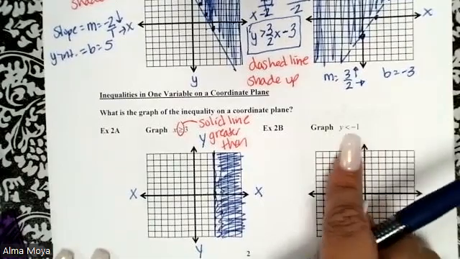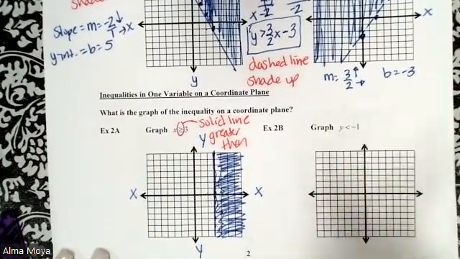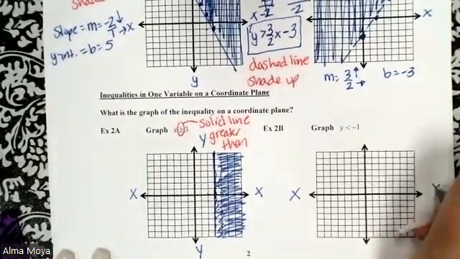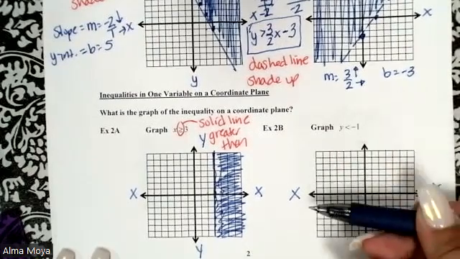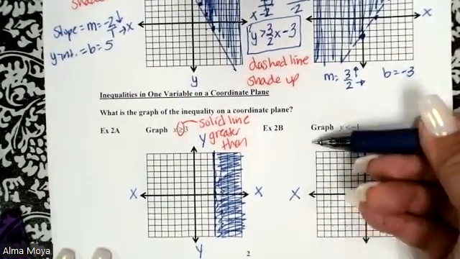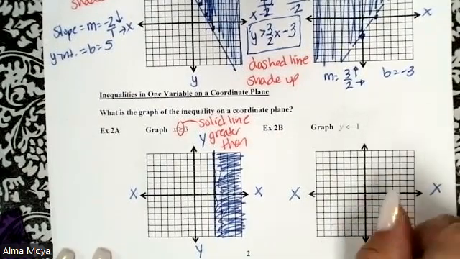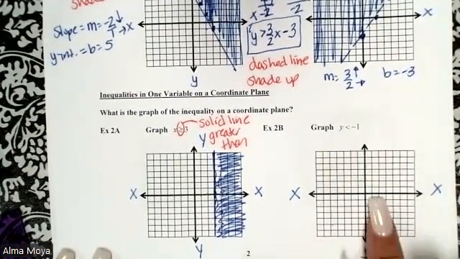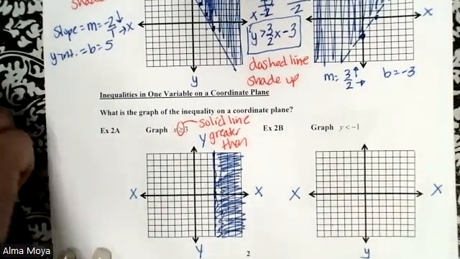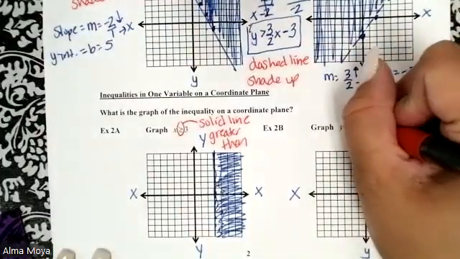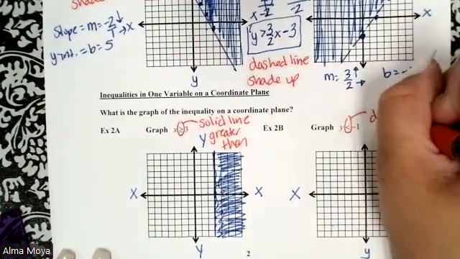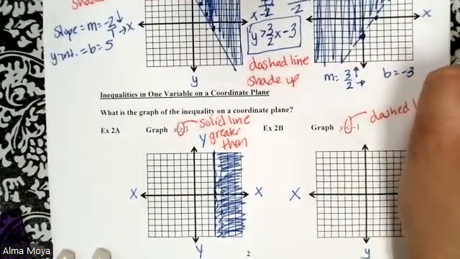On this one right here, it's missing an x. So it's never going to cross the x-axis. It has to run parallel to it. And you are looking for y at -1. Well, -1 is right here. This is going to be a dashed line, because there's no line on the bottom.